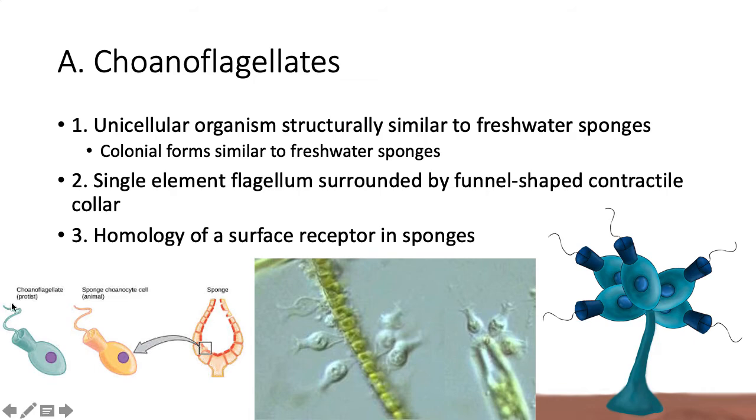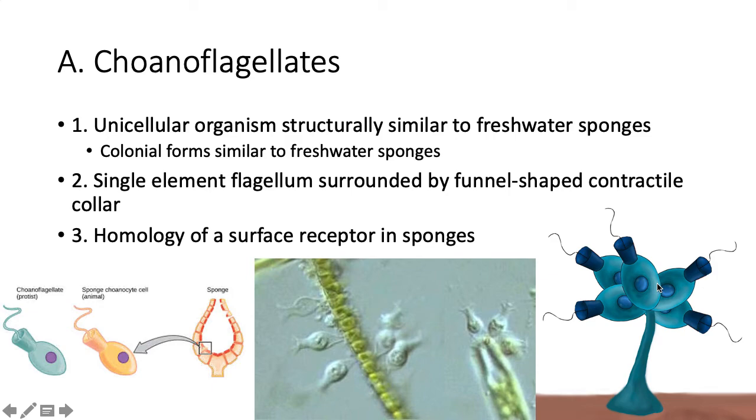They bring the food in and expel water and other materials out. Now, choanoflagellates, you can see they are very similar. I know this is a cartoon drawing, but here's a real picture of it, and you can see the flagellum moving here. So this single flagellum is surrounded by this funnel-shaped contractile collar. This structure is similar to what you can find in sponges.